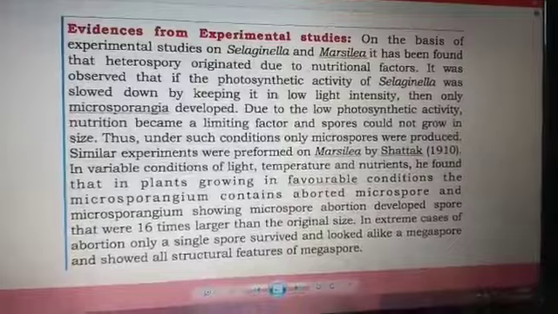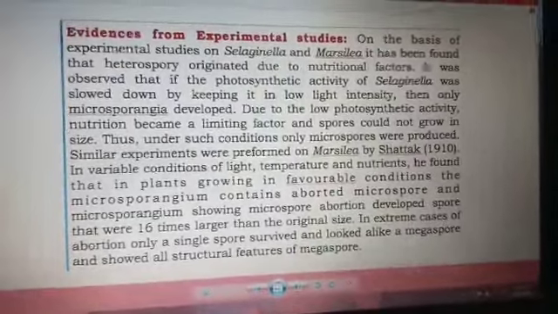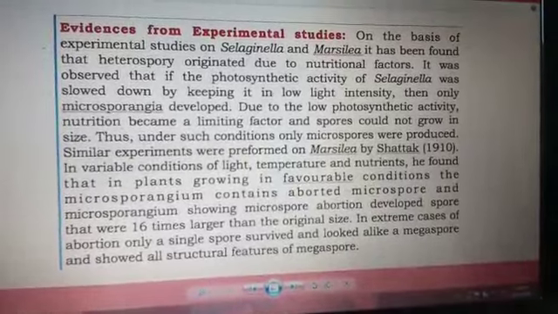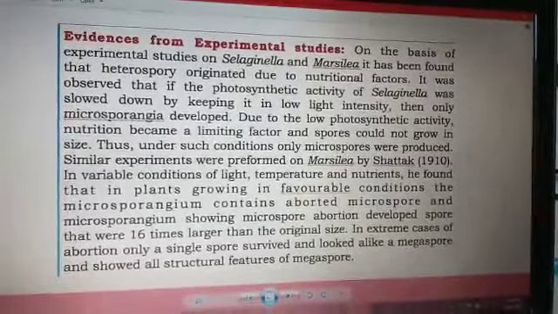So the different conditions have shown how exactly heterospory evolved. This was a beautiful experimental study done on Selaginella and Marsilea by Shattuck and others.